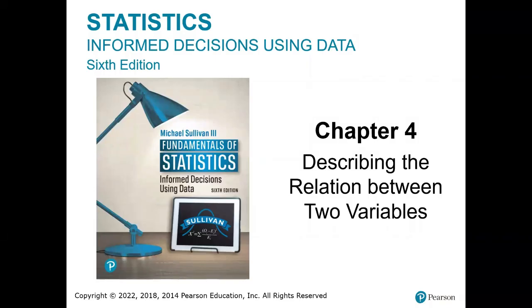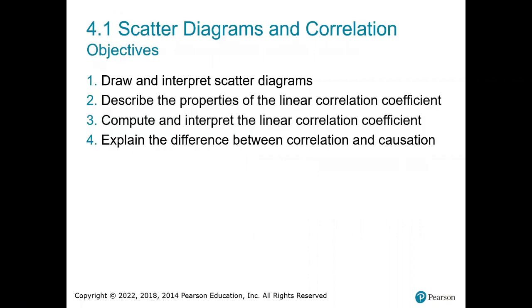All right, we are going to now move on to chapter 4, which describes the relationship that we have between two variables. So we are going to be graphing two variable data and learning how we do that here. The first section we're going to work with is how do we draw the graph for them.